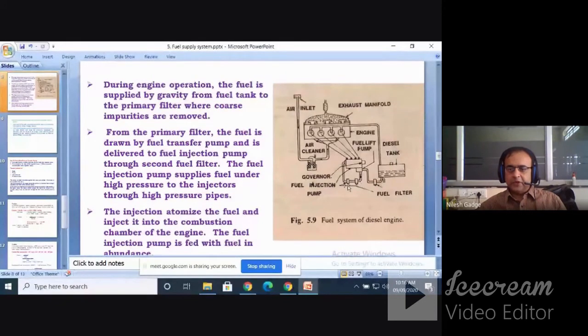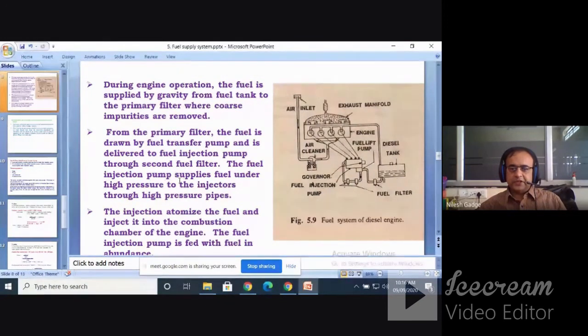From the fuel lift pump, it goes into the fuel injection pump through the secondary fuel filter. Means there are two secondary filters, and while delivering the fuel from the fuel lift pump into the fuel injection pump, the fuel is filtered through these two fuel filters.